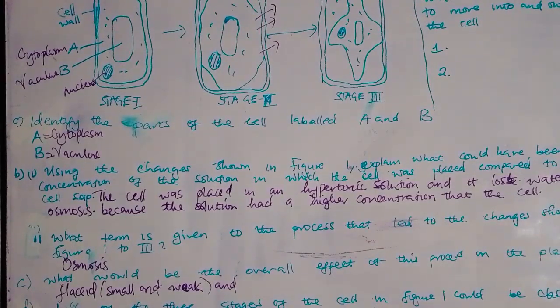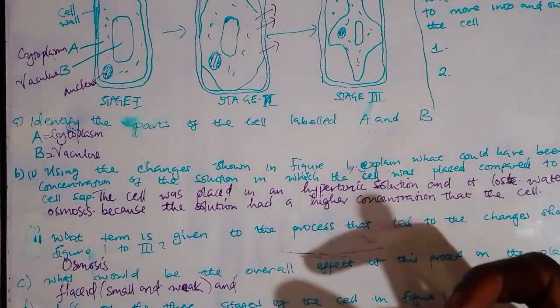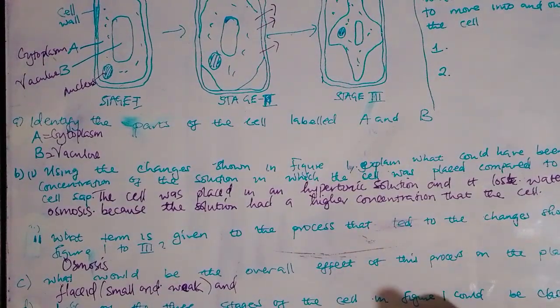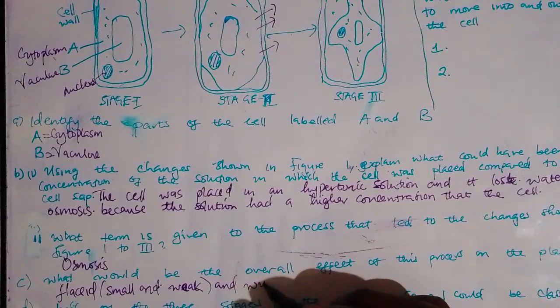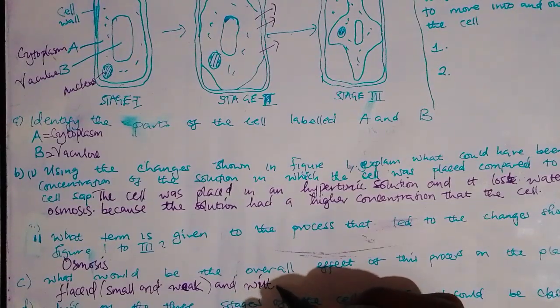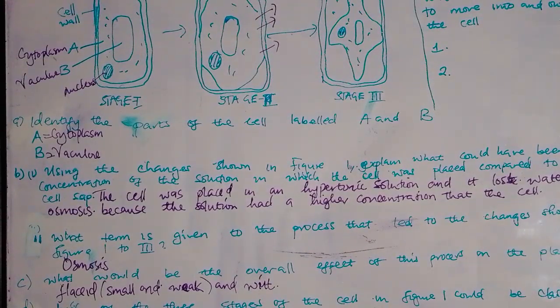That's the meaning of sagging. So that's known as wilting. The overall effect of placing a plant in a hypertonic solution is that it will cause the plant to become flaccid and wilt. These are the two effects which you need to understand.